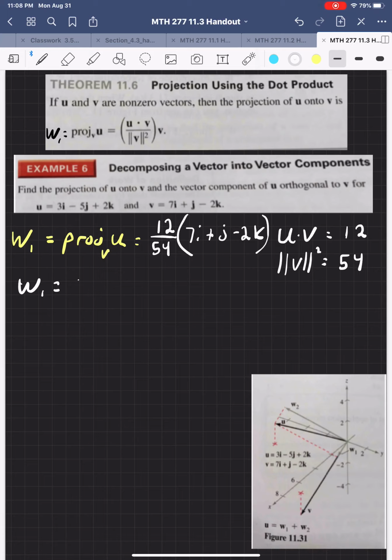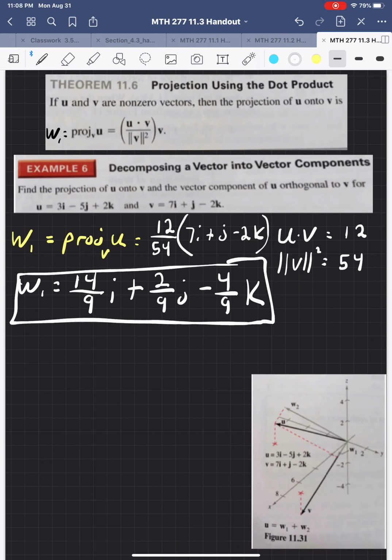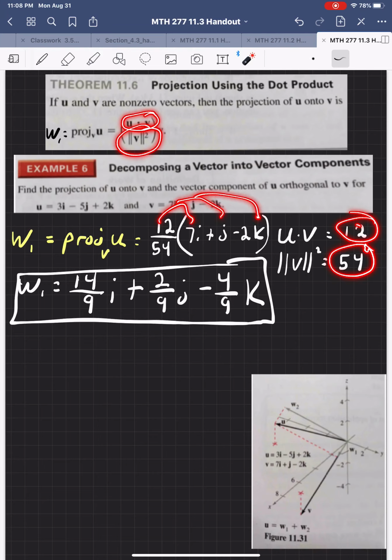I'm going to go ahead and put this in reduced form. So 14 ninths i plus 2 ninths j minus 4 ninths k. Okay, so all done. I found the dot product, I found the magnitude of v squared, and I've then just distributed that onto vector v, and there we go.